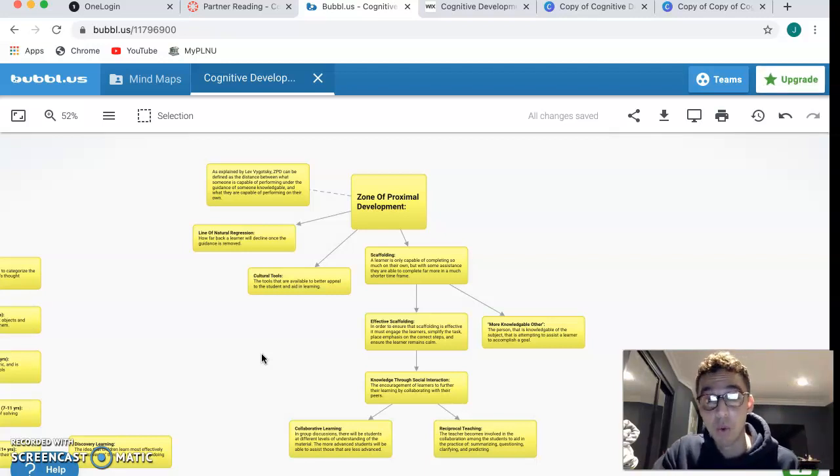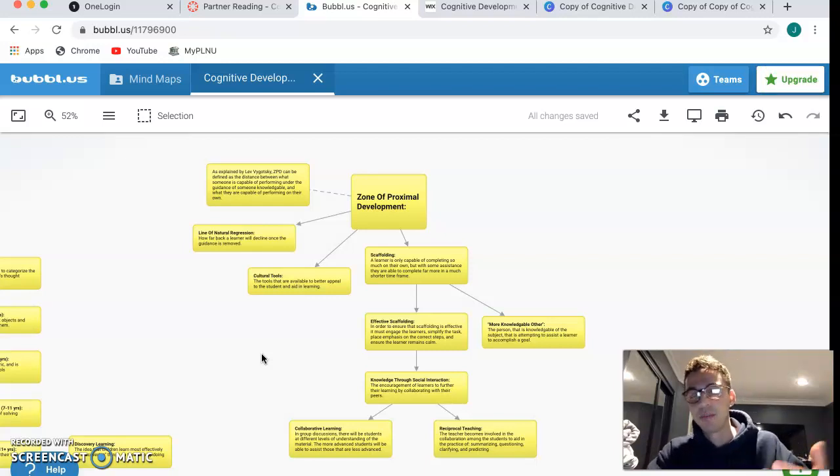And another part of the scaffolding, right, the support for these students, is that you, or other students, can be a more knowledgeable other. And what that is, you're the person that is knowledgeable of the subject that is attempting to assist a learner to accomplish a goal, right? So I mean, easiest example is a teacher, right?